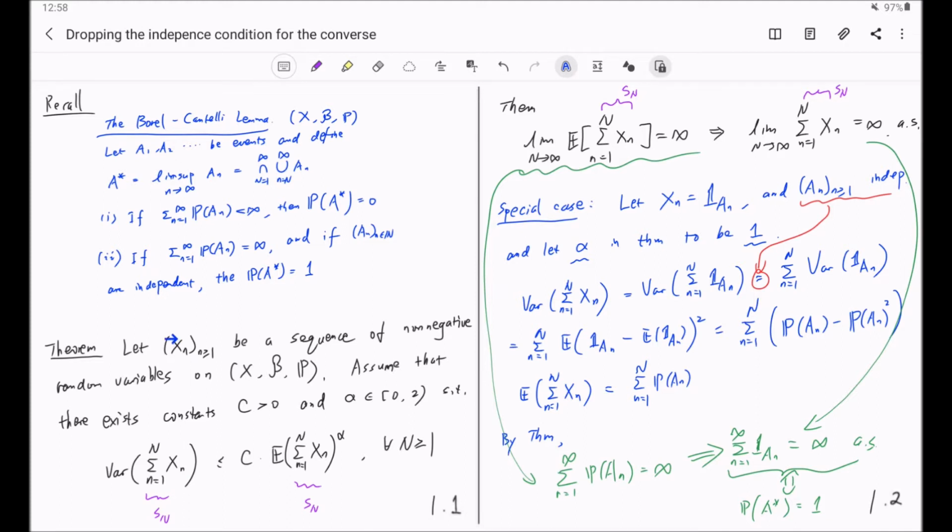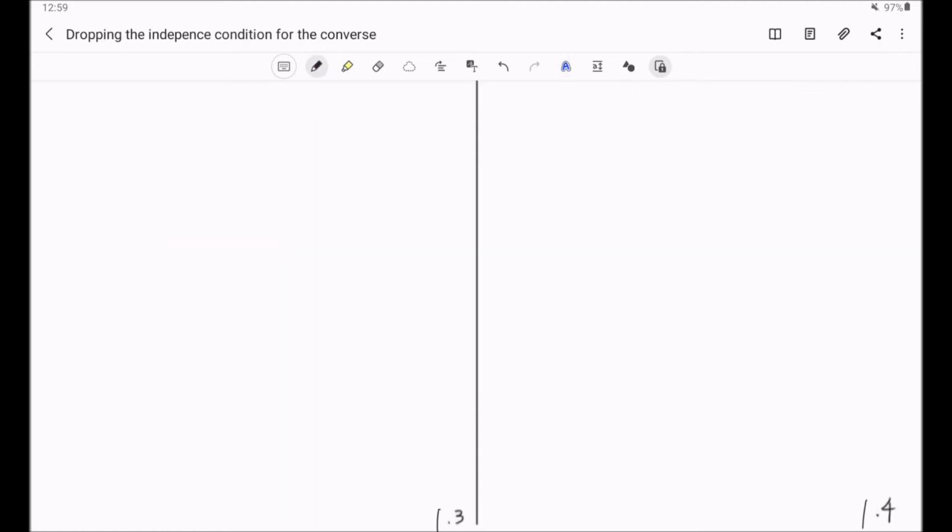And now we can forget about those non-negative random variables. The thing we have now, S sub n, are non-negative and non-decreasing random variables. And here's the proof.